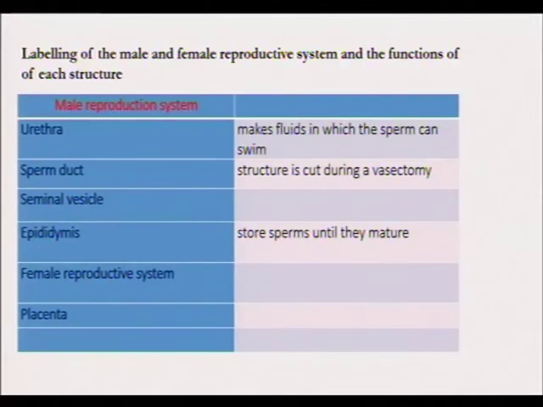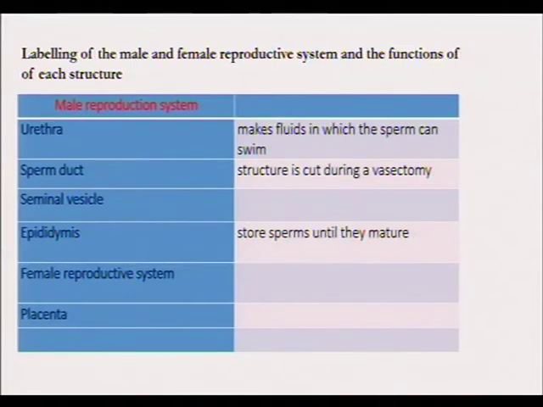Okay, for example, if you need to label the male reproductive system and the functions, you have the seminal vesicle, and then the sperm duct. For example, the sperm duct is the structure which is being labeled, and you have to know that it is the structure which is usually cut during a vasectomy.